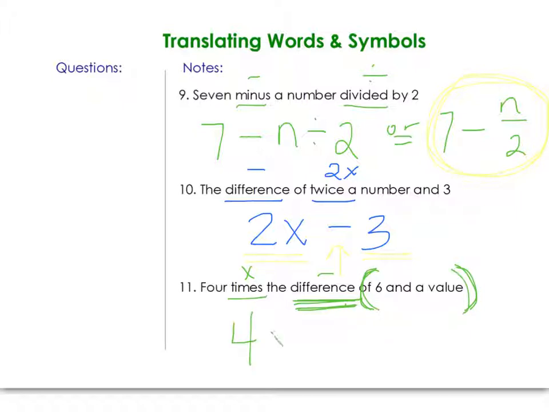So 4 times parentheses, because it's difference of 6 and a value. So that's an X. That's a crooked X. Ah, Miss Sawyer's getting crazy. What happened to my handwriting, y'all? So this says 4 times the difference of, big old parentheses, 6 and a value.